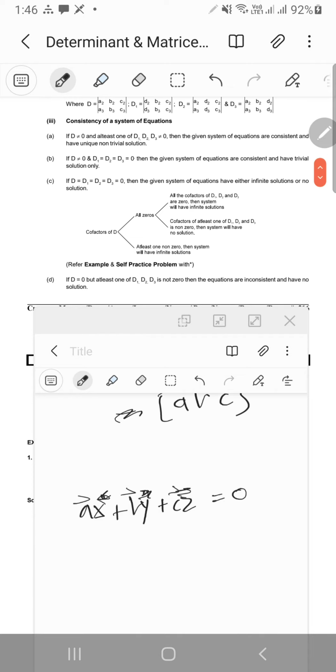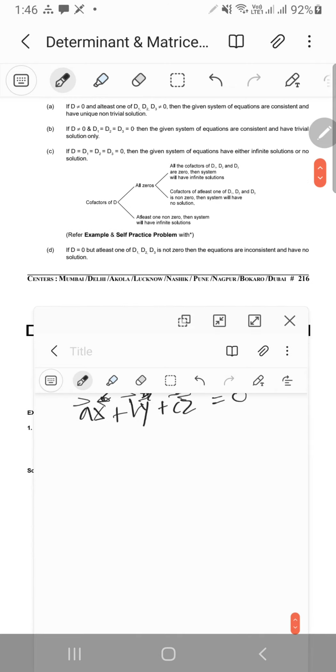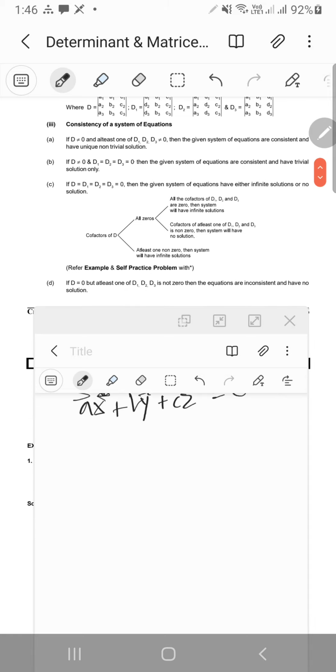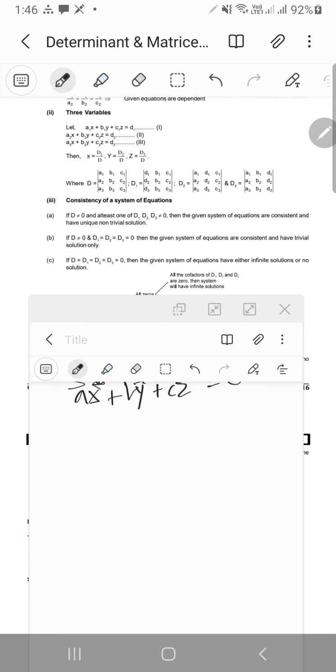Anyway, if D equals D1 equals D2 equals D3, which is 0, then this given system of equations has either infinite solutions or no solutions. Okay. So if all of these are 0, when does that happen? That happens when a, b, c are coplanar, so D is in the plane of ABC, right?